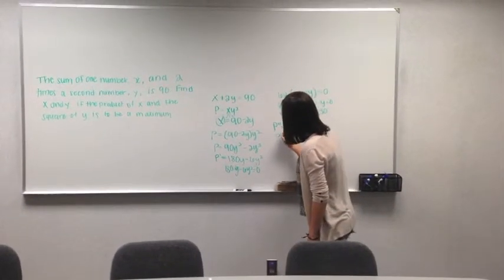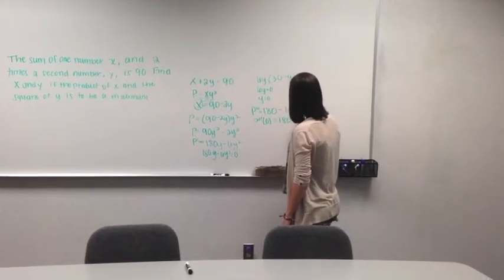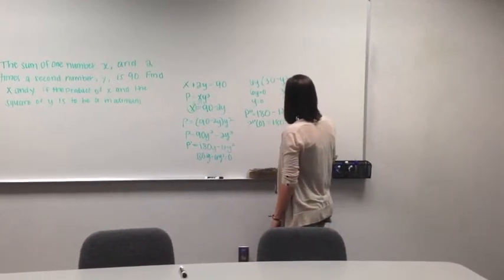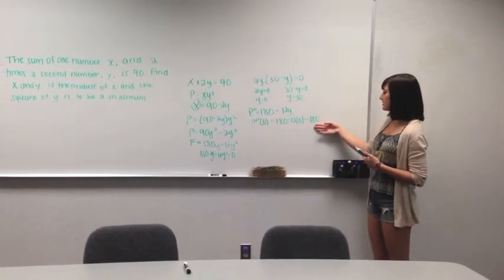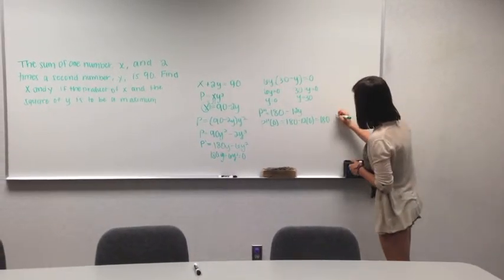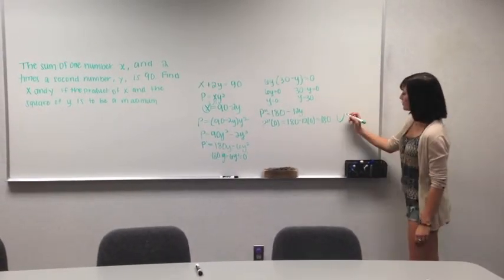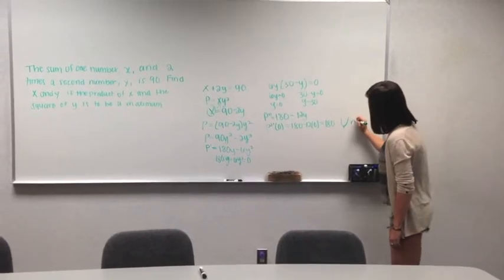So p double prime of 0 equals 180 minus 12 times 0, which equals 180. By the second derivative test, since this is positive, the equation is concave up, which means our 0 value would be a relative min.